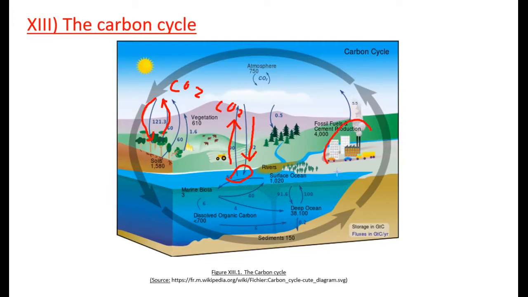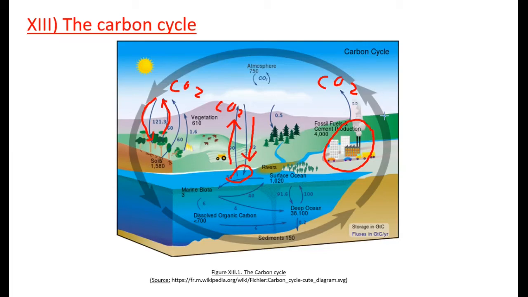This point here is basically human activities. When we burn coal, petrol, produce cement, CO2 is going to be released in the atmosphere. When you think of it, coal is basically the transformation of ancient fossil ferns. So these ferns took CO2 from the atmosphere, incorporated it in the branches, the leaves.